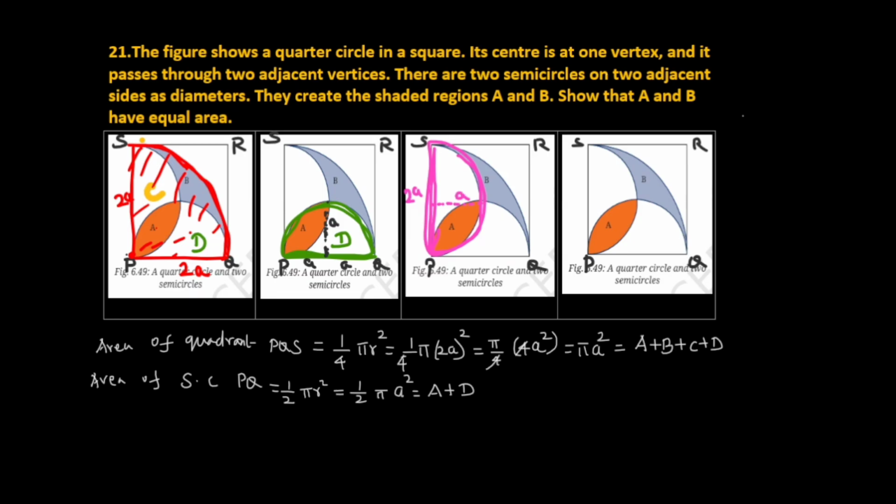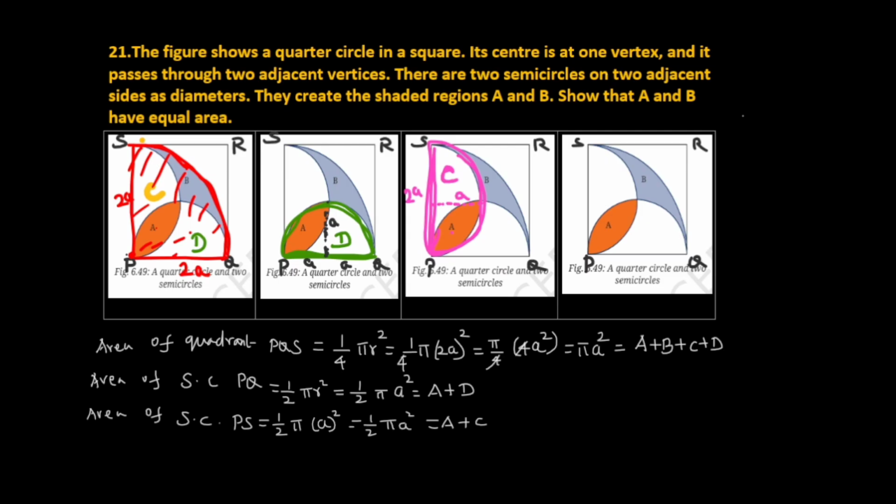It includes the shaded region A and unshaded region C. So the area of the semicircle based on the side PS is equal to 1 by 2 pi a squared, that is shaded region A and unshaded region C.